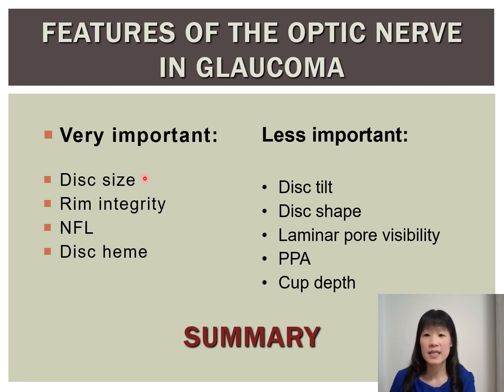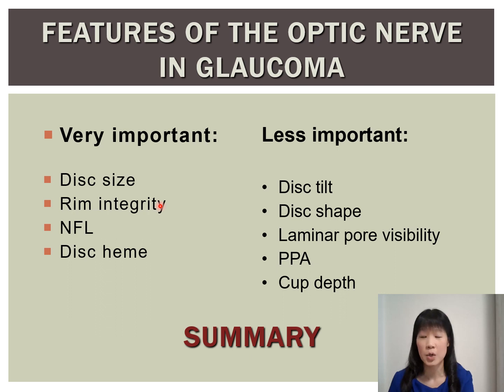However, in a Caucasian hyperopic lady who may have a small disc of 1 millimeter, she probably should have a cup disc ratio that normally is 0.1, because again, she has a small disc. So those 1.2 million axons have to cram into that small space, and there's no room for the cup in that small space.